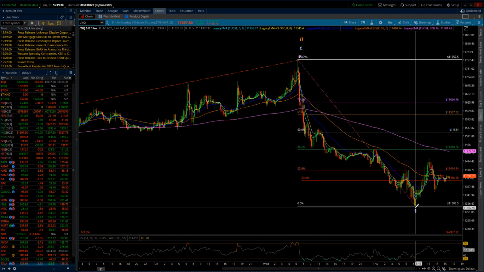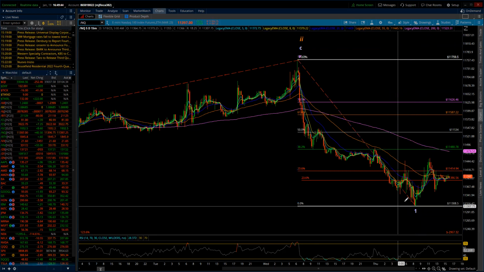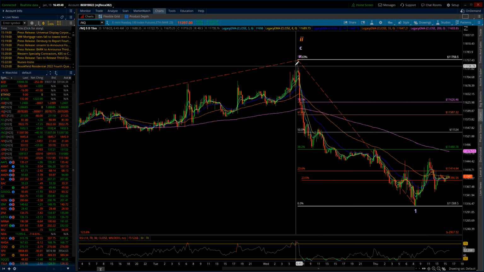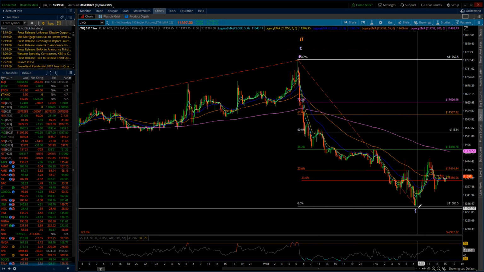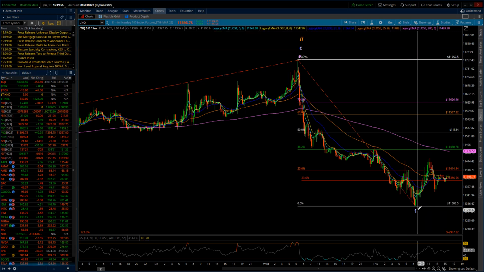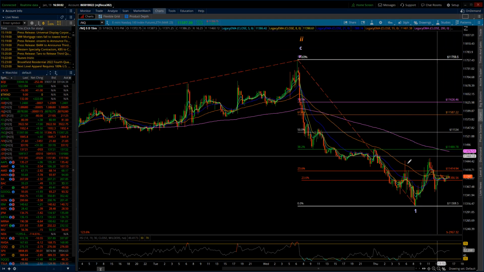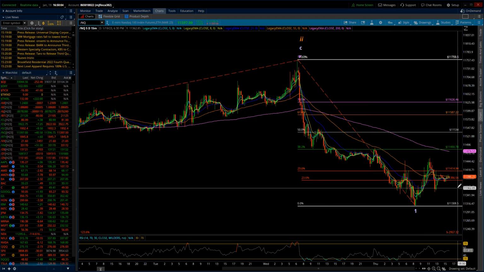Now, we just finished a wave 2, and as we know, the most common for that is that a wave 2 has the capability of coming up between 50 and 62% of wave 1. Okay? Wave 1 ended up being about 450 points, top to bottom. So we can get a decent bounce out of this.